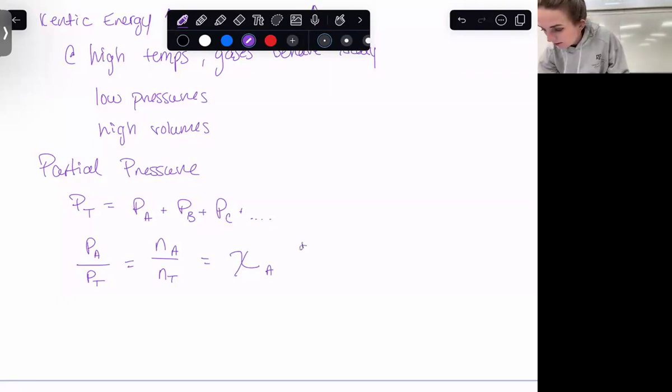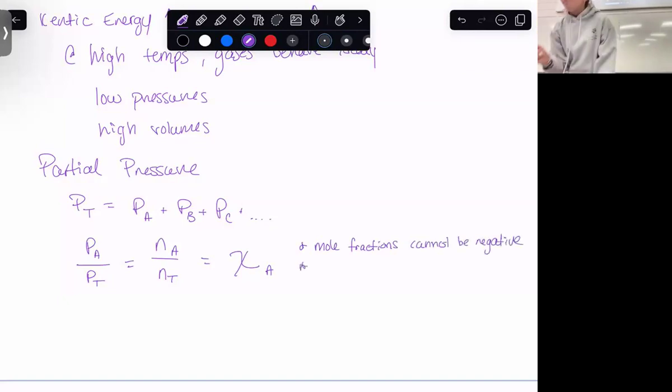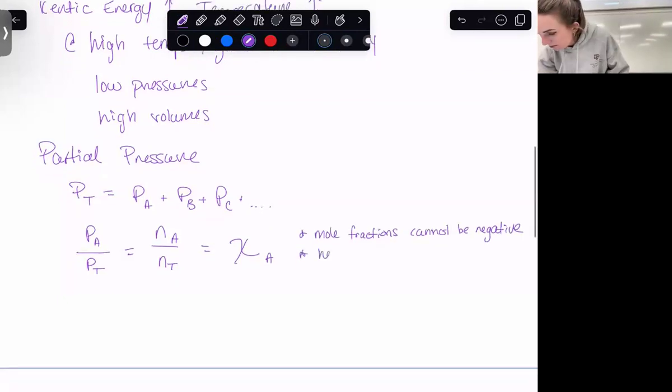No, your mole fractions cannot be negative. What do they have to add up to? They have to add up to 1. And I believe that's it in terms of conditions for mole fraction.